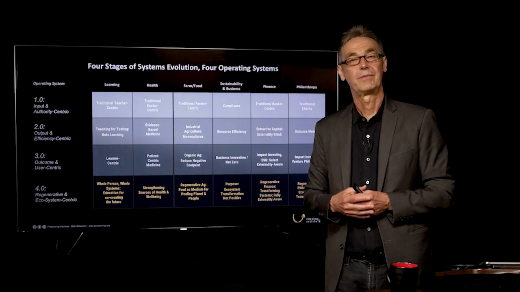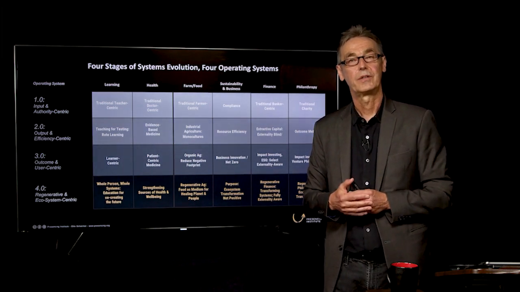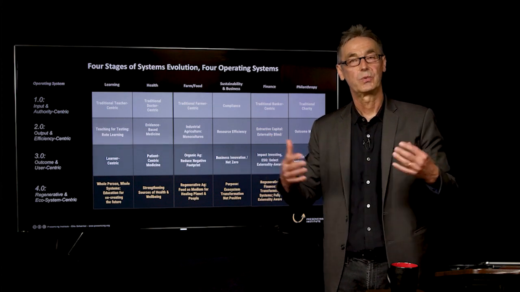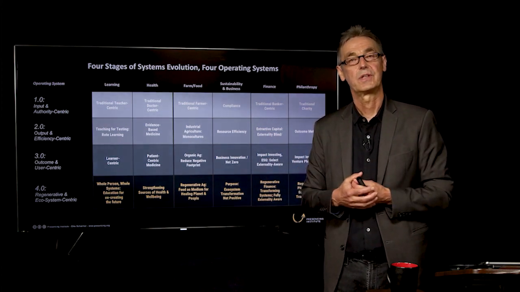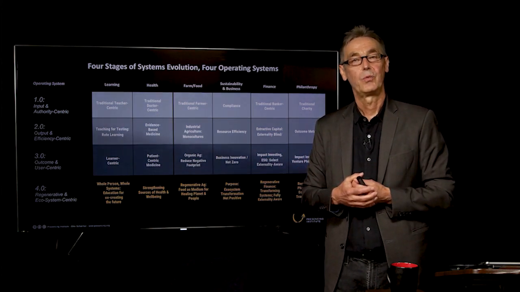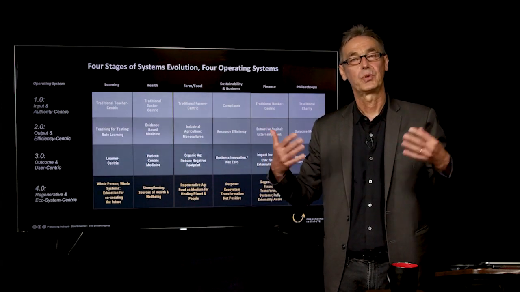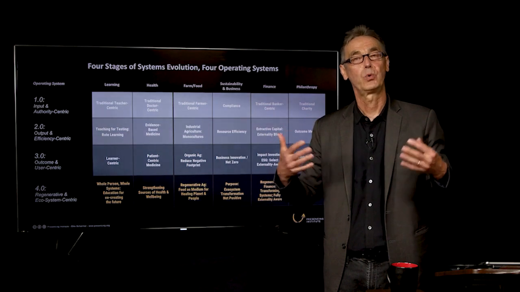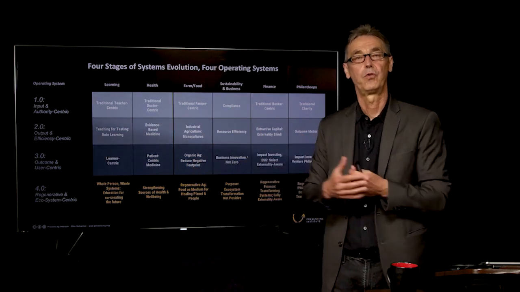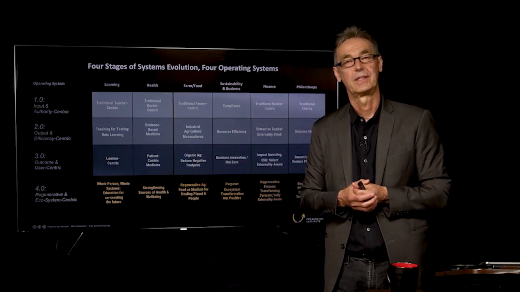And that's where we believe that constitutes one of the biggest leverage points of our time, which is why we as a community innovate and prototype small ways of doing it, to explore this 4.0 way of operating by doing.